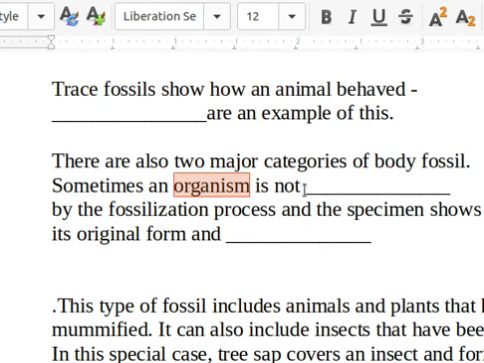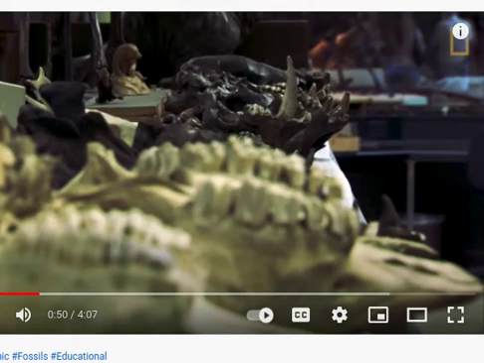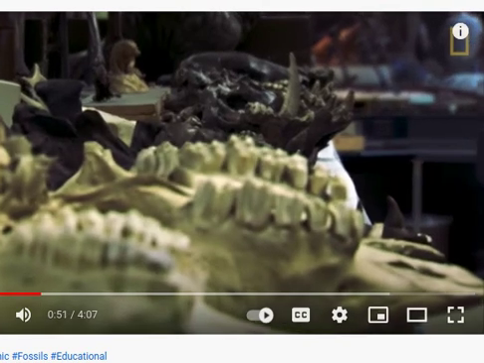Sometimes an organism is not harmed by the fossilization process, and the specimen shows its original form and something. Okay, we'll listen again. Now we might also have visual clues to what the answer might be.